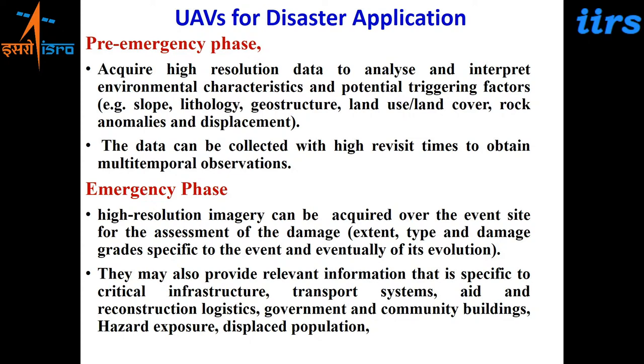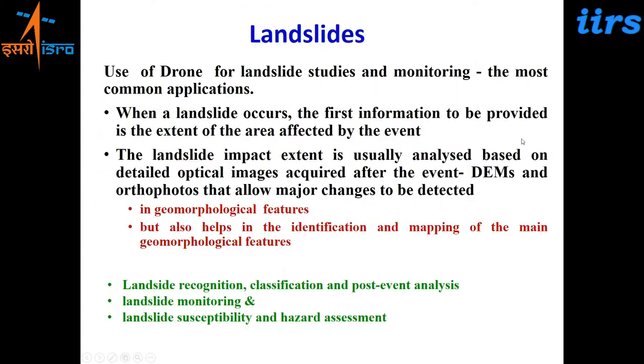In the emergency phase, again, high-resolution data acquisition over the site helps assess the extent of damage. They provide real-time, relevant information that is very specific and critical, required for rescue operations and also for managing the entire scenario, providing aid to the people there, right?